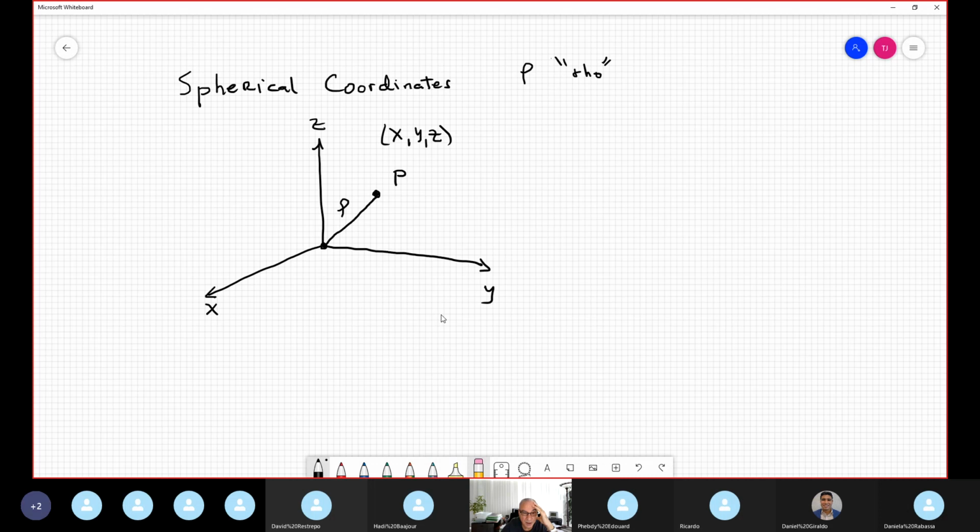It's a radius vector, position vector, rho. Then we project here, for example, in the XY plane, and this is R. And this angle is theta, like in polar. But we have a new angle, this angle, phi. It's the Greek letter, phi.